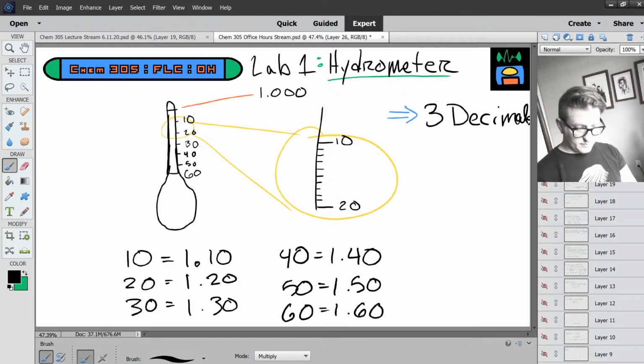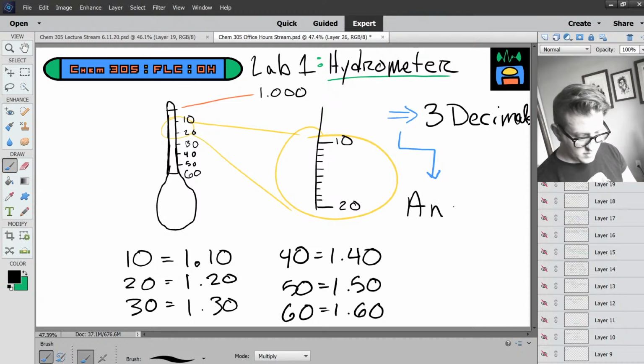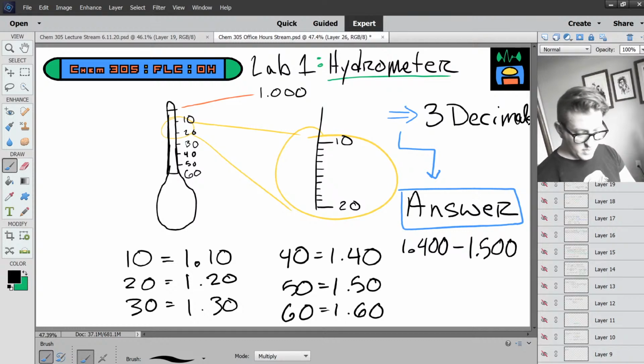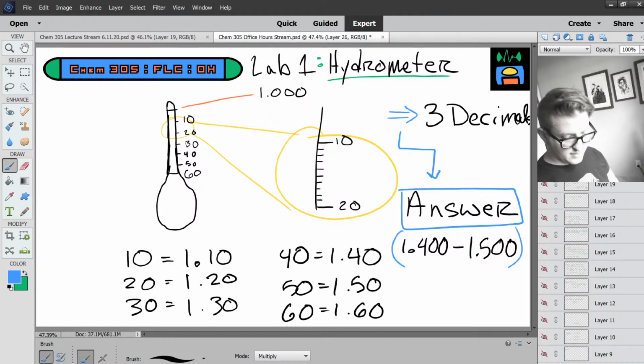So because of the decimal situation, your answer for this thing should be somewhere between 1.400 and 1.500, and how exact you get totally depends upon your eyeballs.